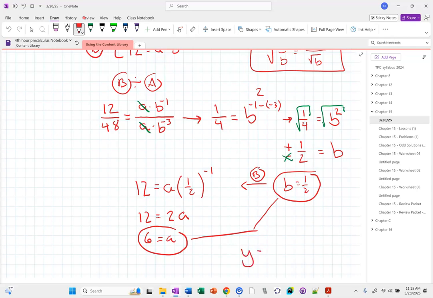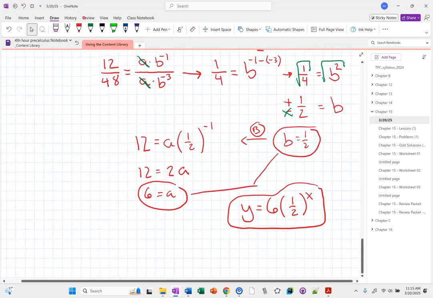So if I take those together, I'm going to have y equals 6 times (1/2) to the x. Notice that I put a parenthesis around the fraction here.